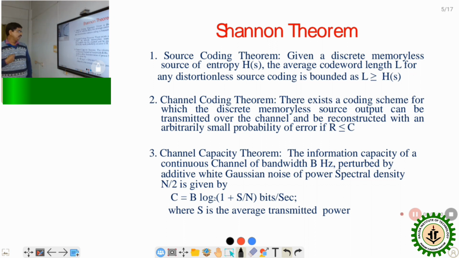He has given a capacity theorem: the channel capacity is equal to the bandwidth of that continuous channel times log of 1 plus signal to noise ratio. So C equals B log(1 plus S by N), and the unit is bits per second. Here S is the transmitted power and N is the noise power.